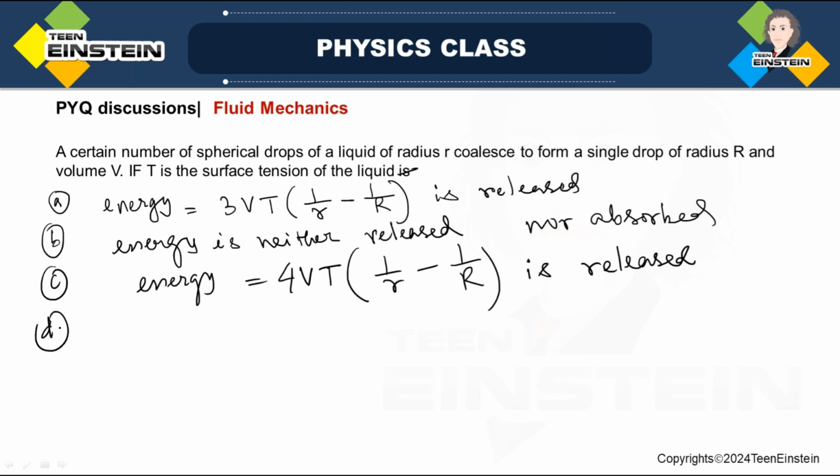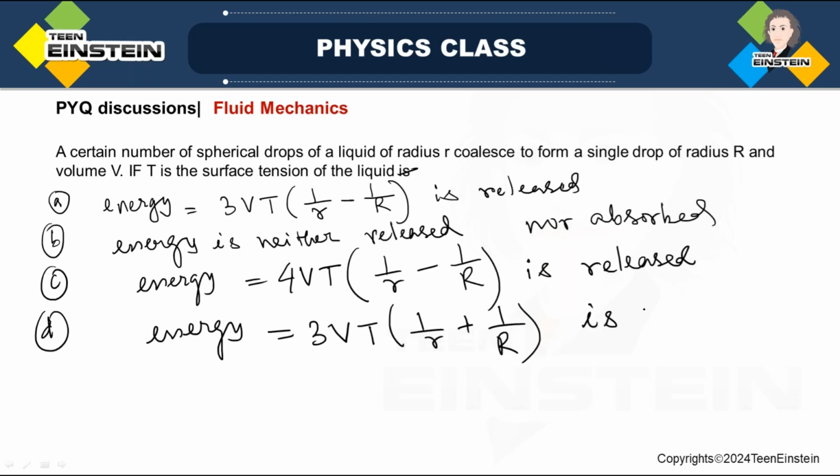Option D says energy is equal to 3 VT, 1 over r plus 1 over capital R is absorbed.